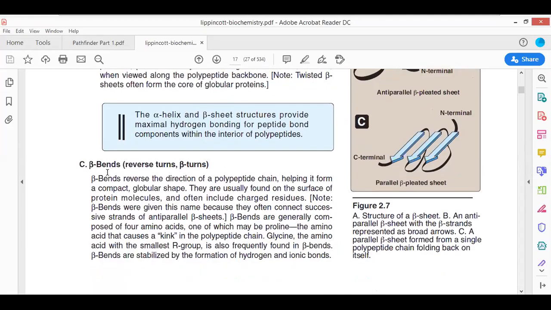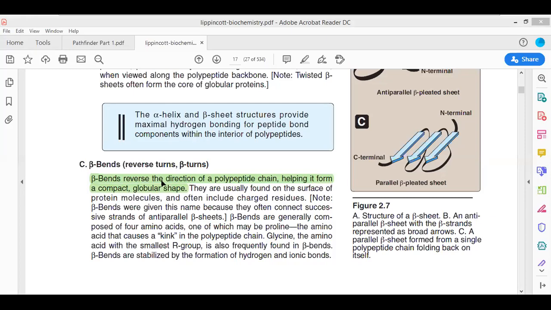See, beta turn. Beta bends reverse the direction of a polypeptide chain, helping it to form a compact globular structure. So this occurs with the help of beta bends. Beta bends lead to the change in the structure of the polypeptide chain by helping it gain a compact globular structure.